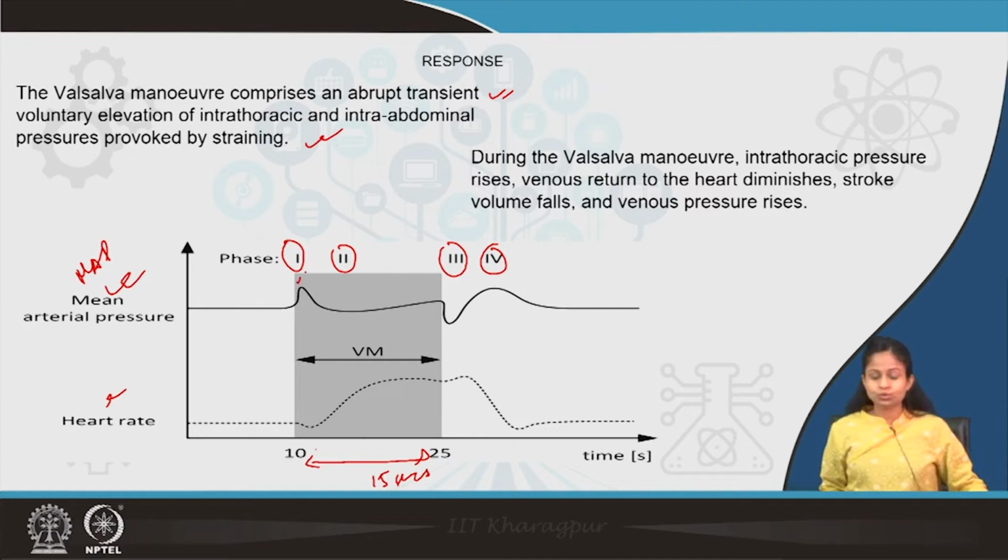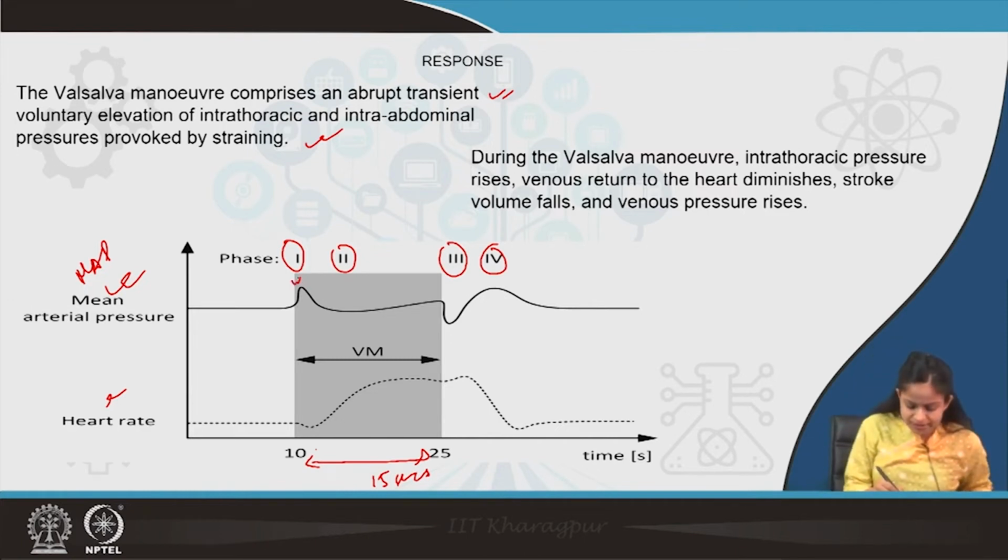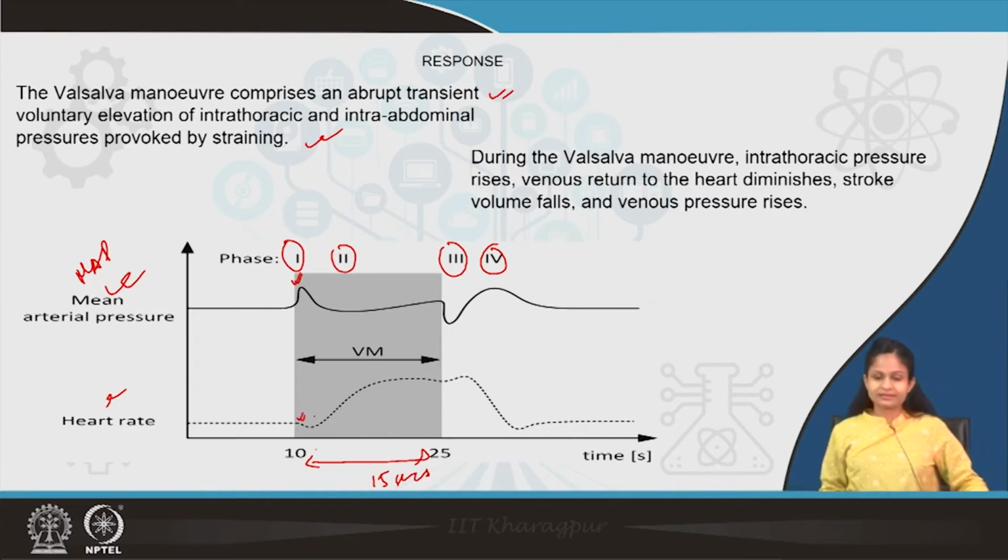Now, we will correlate the mean arterial pressure recording with the heart rate recording. When there is a transient increase in the blood pressure, we can see there is a decrease in the heart rate. That is all about phase 1. This transient increase in the blood pressure is because of the mechanical event, the straining process of the forced expiration which we had done, which is followed by phase 2.